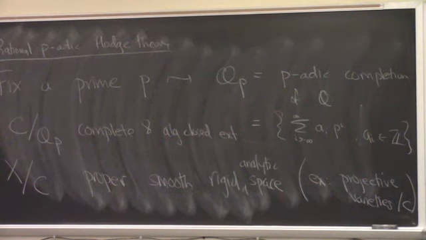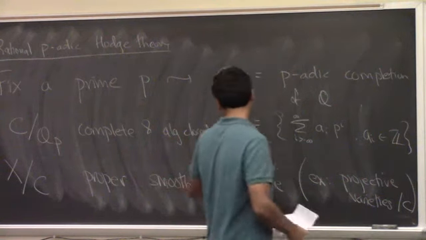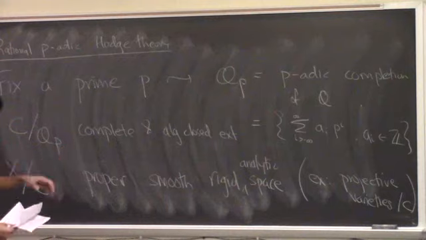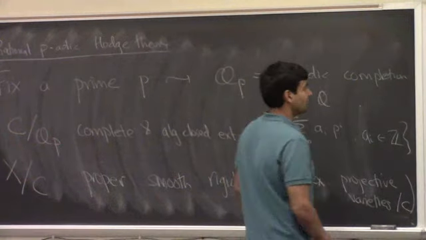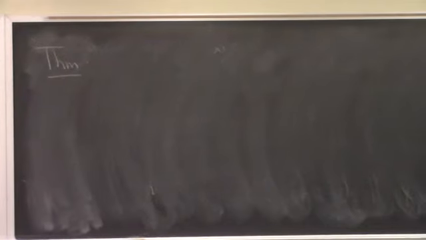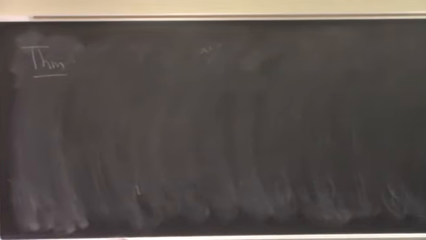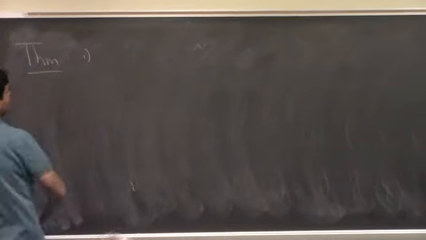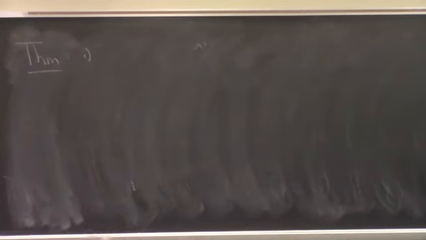Is that okay? All right, so let me tell you what the analogs of the theorems that I wrote down earlier, the de Rham theorem and Hodge's theorem, are in this setting. I'll straight away formulate the analog of the Hodge decomposition. There are two statements I can make, so let me make them separately.